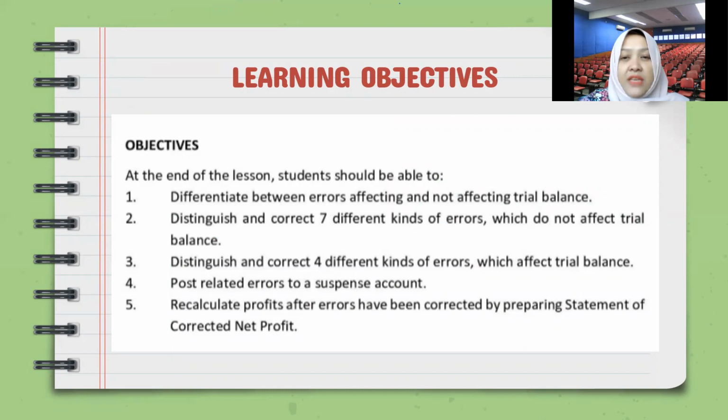As you can see from the learning objectives, we have 7 errors that will not affect your trial balance and 4 errors that will affect your trial balance. Afterwards, you have to post that transaction into your suspense account. What is a suspense account? Later on we will learn about this. And lastly, you have to calculate your new profit after you have done your correction. Inshallah, today we are going to cover learning objective number 1 and also learning objective number 2.